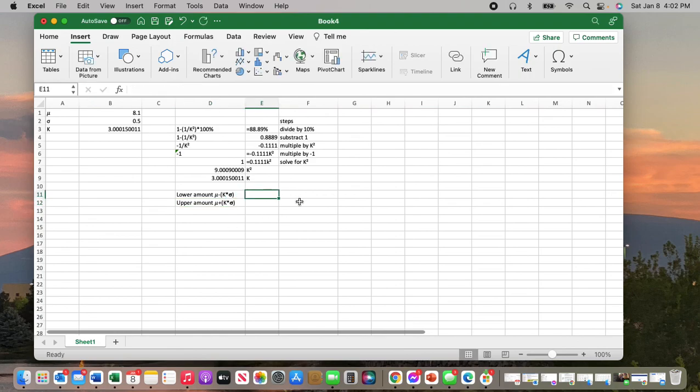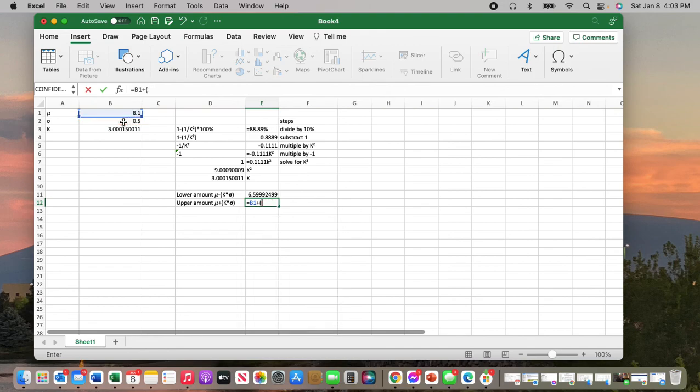Okay, so what we have to do now is enter those values. So I'm going to have equals, here is our mu, minus, open parentheses, k times our standard deviation, and then this is going to equal our mean plus, open parentheses, our standard deviation times k.